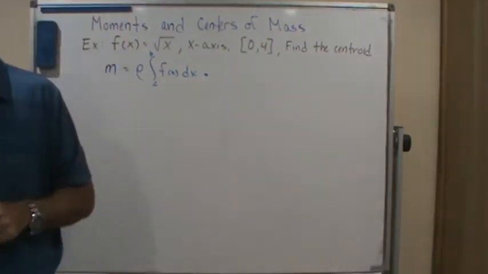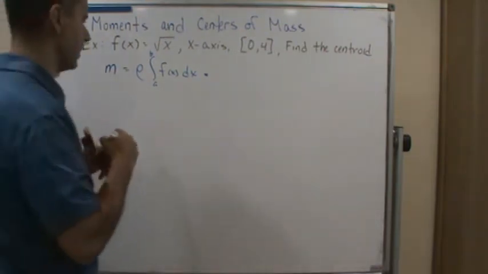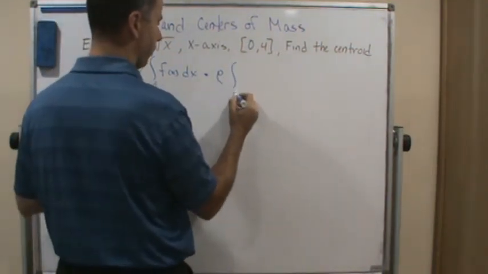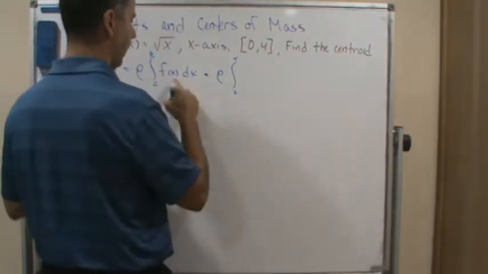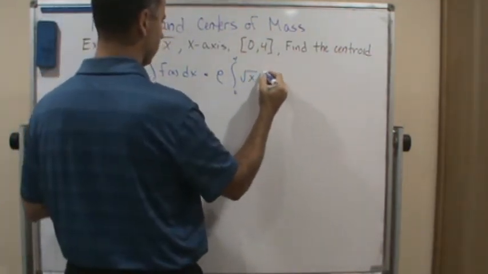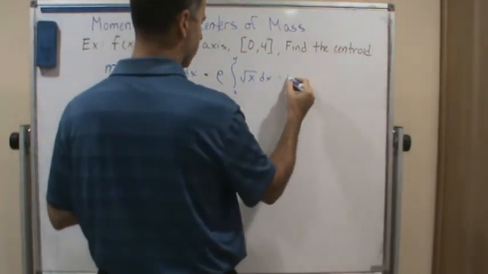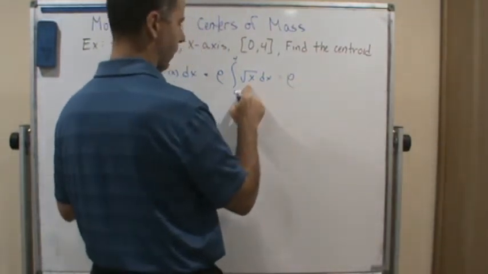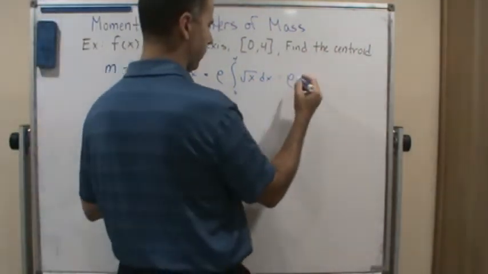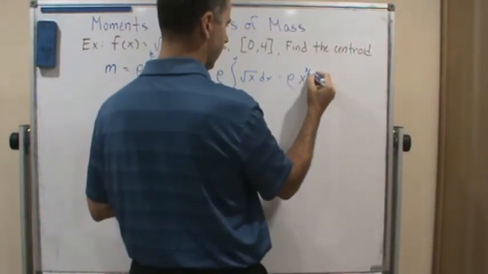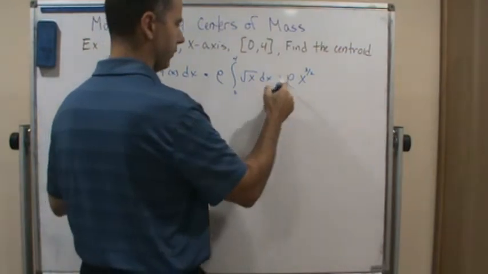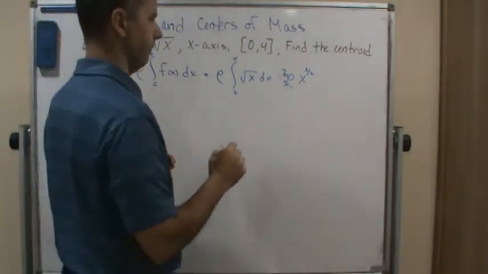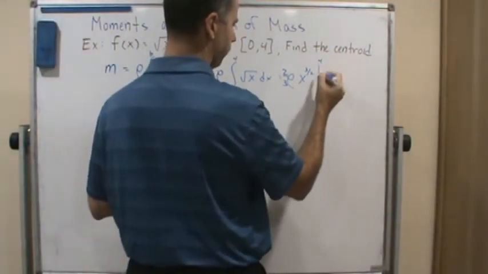We don't know rho, but let's just carry it and see what happens. So we have rho times the integral from 0 to 4 of f of x dx. Of course, we integrate that, and this becomes x to the 3/2, so we're going to have 2/3 out here when we integrate, evaluated from 0 to 4.